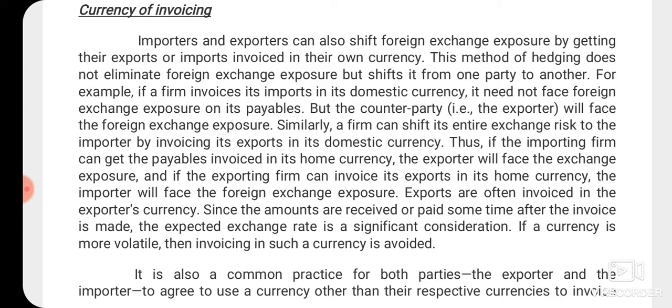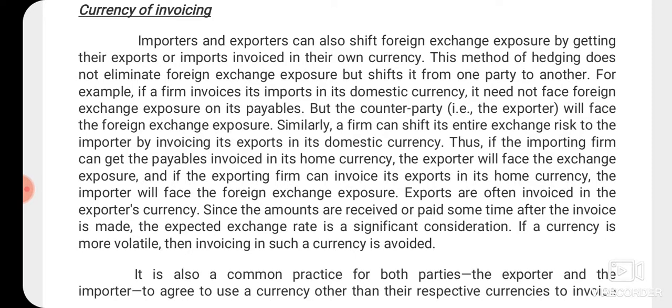Think that as an importer, I have to shift the risk to the other party. From the counterparty's point of view also, that person will think the same, he also wants to shift his risk to the importer.